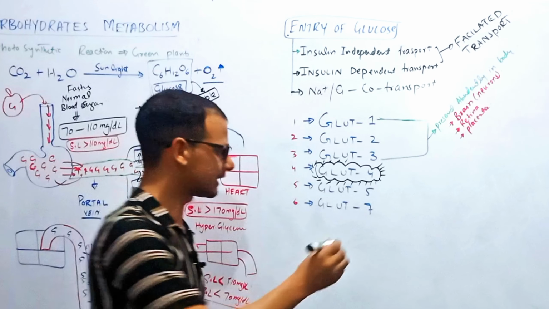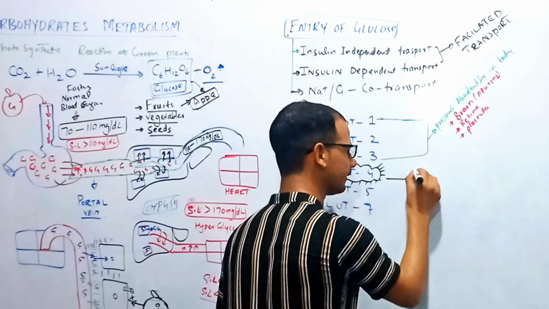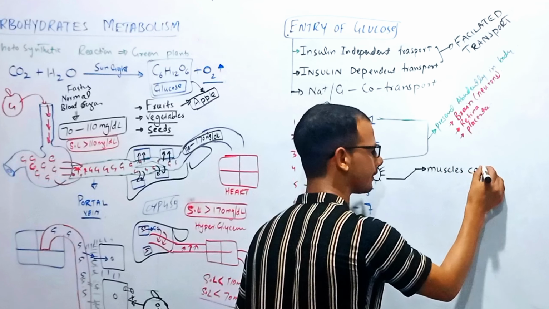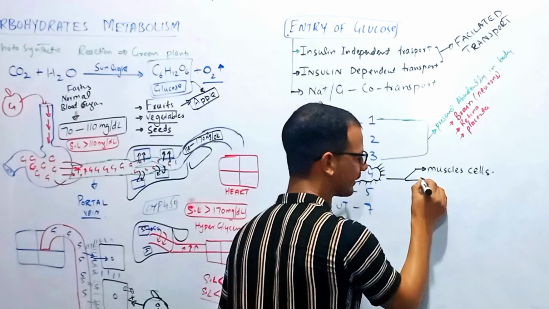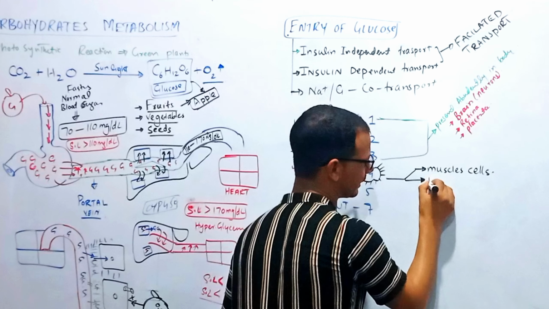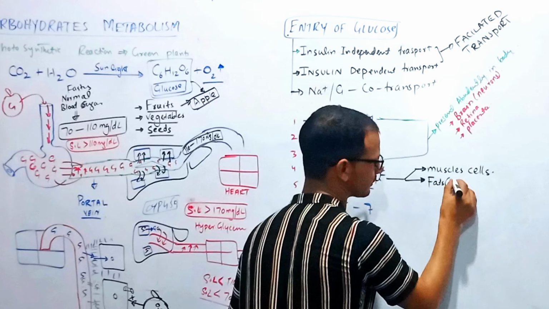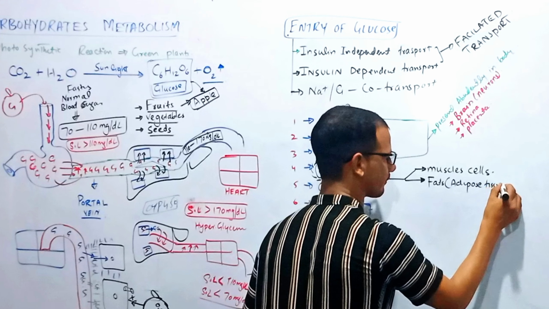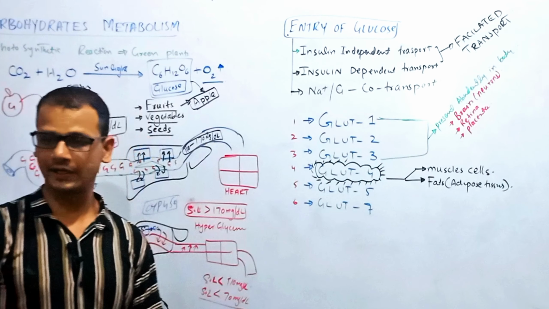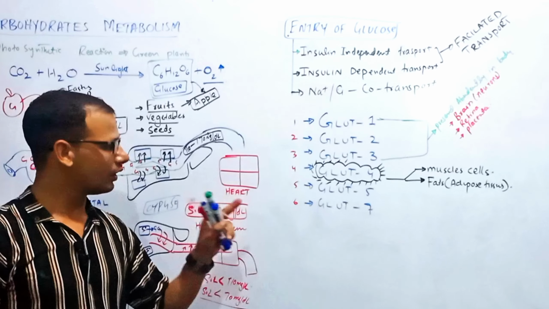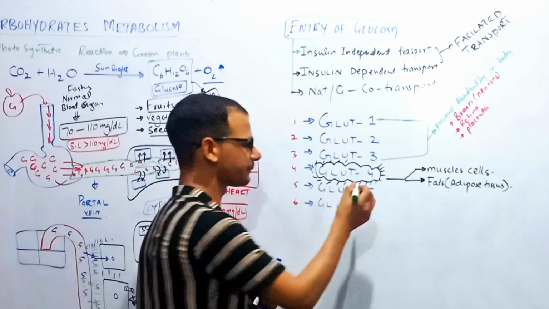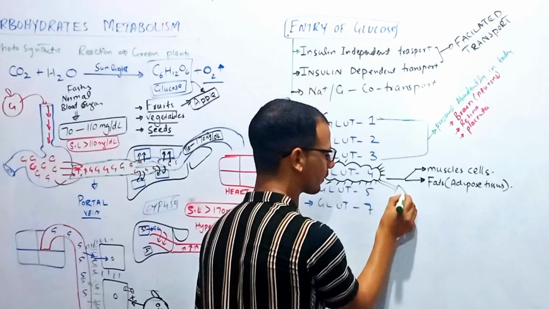For example, muscle cells, and also fat, meaning adipose tissues. And the only Glut receptor which is insulin dependent is Glut 4.